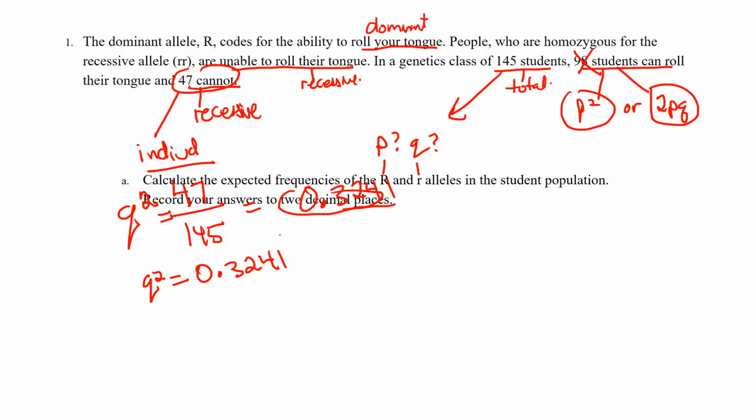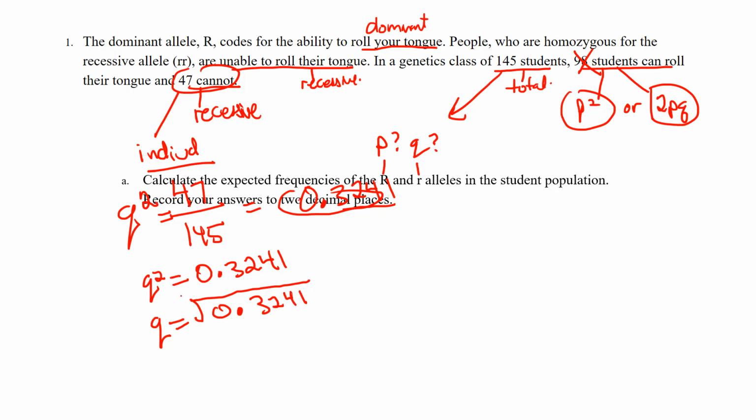0.3241. Like we've done before, we have to find Q, and then using that Q, we're going to use that to go find P, like we've done in the previous examples. So if I want to find Q, I'm going to have to square root my Q squared answer. So I'm going to go 0.3241.